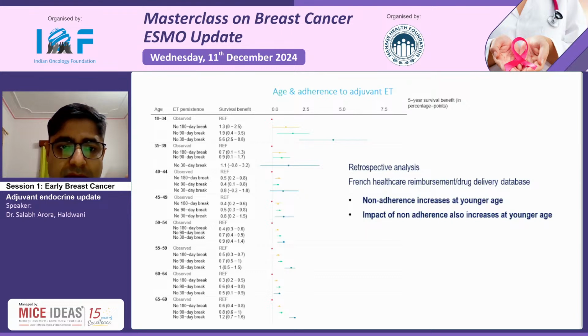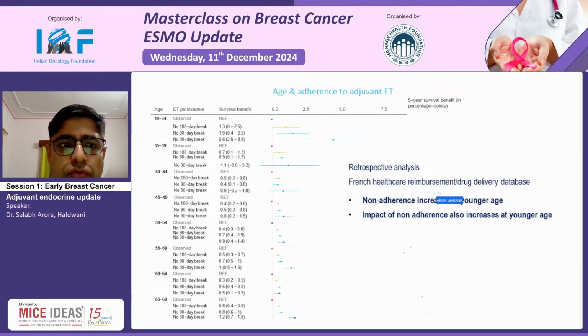If you look at the graph in 30-day breaks, the patients in the younger age group were much less compliant to therapy. You can see a clear impact of this on outcomes, on the absolute benefit these patients derive.